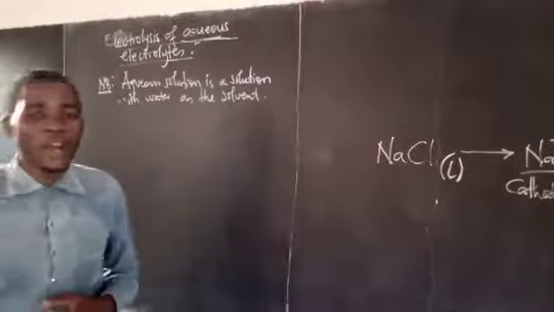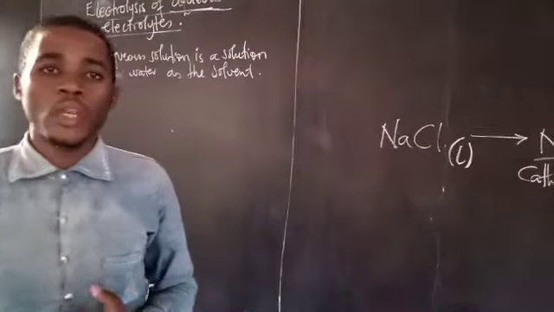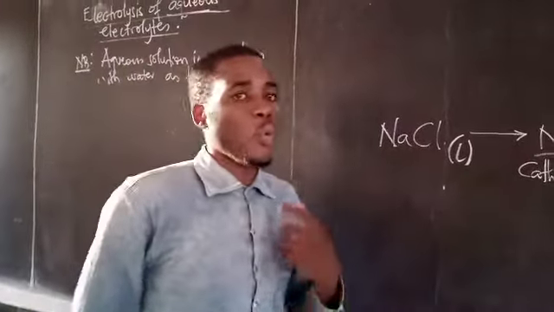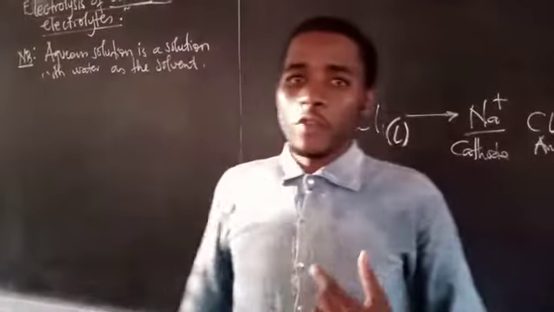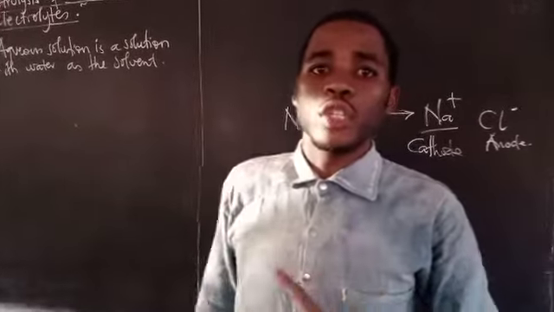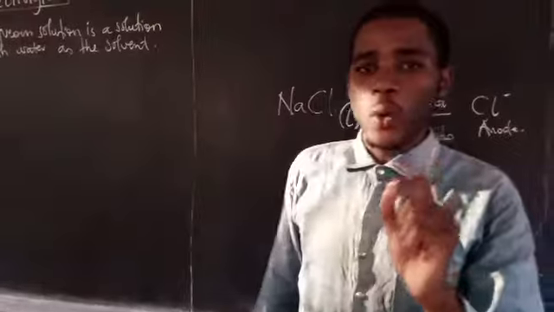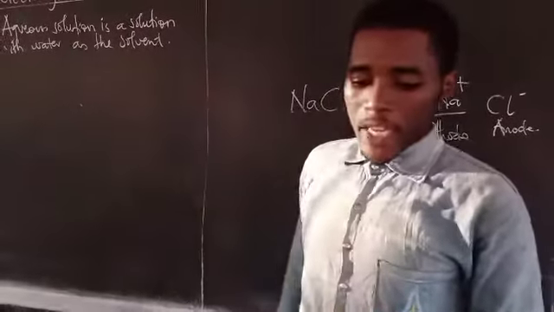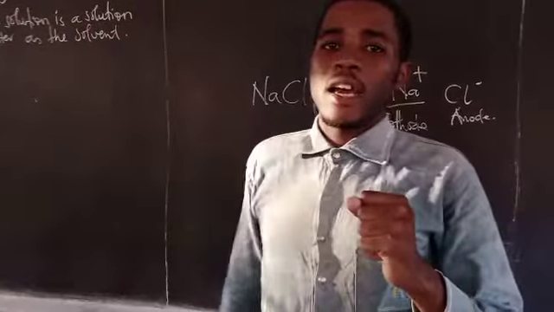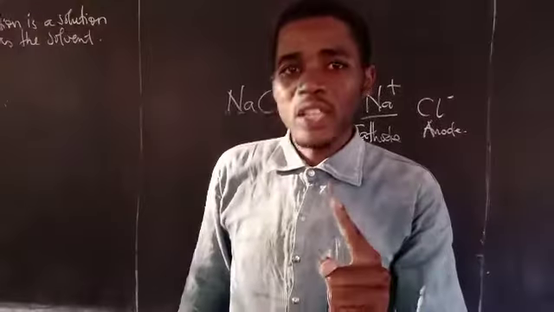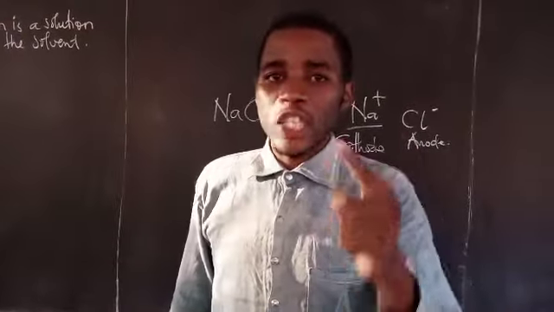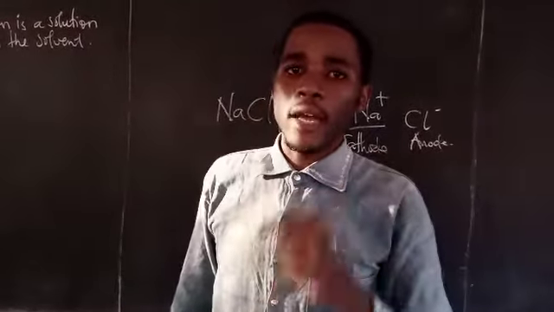When you have a solution made from water as the solvent and any other solute, then you call it an aqueous solution. Meaning that an aqueous electrolyte is an electrolyte that contains water.